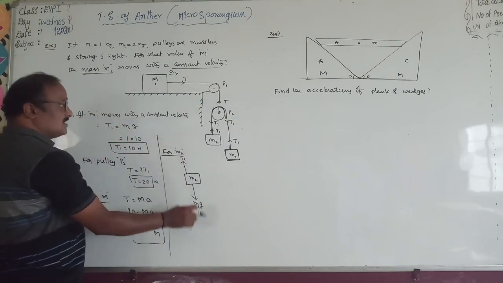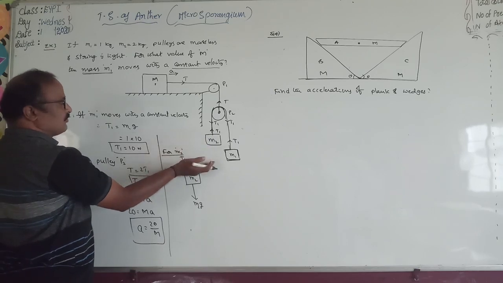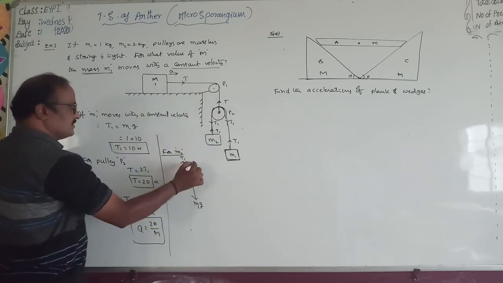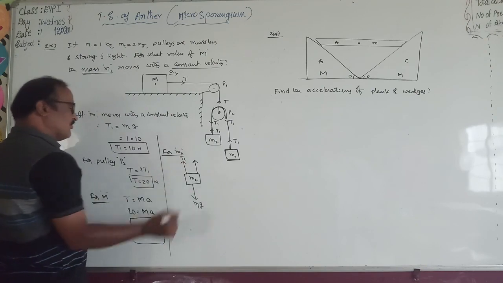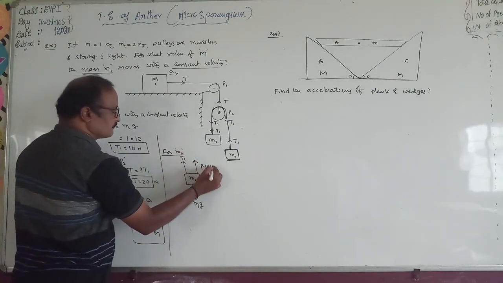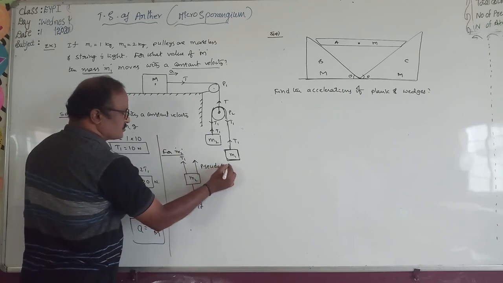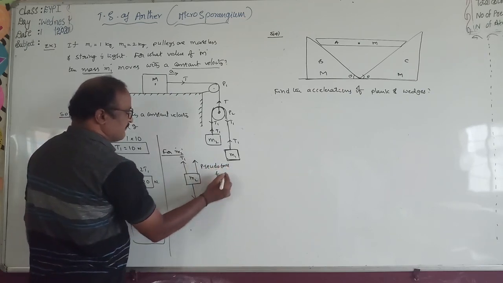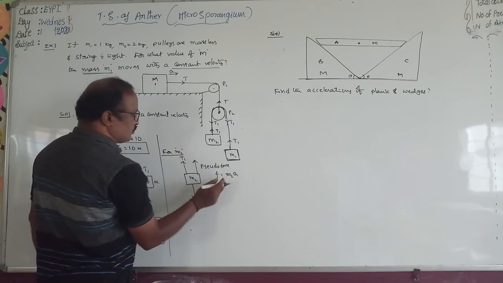As a result, there is a pseudo force acting on M2 which is opposite to its direction. This is the pseudo force, small f, equal to M2 into A.